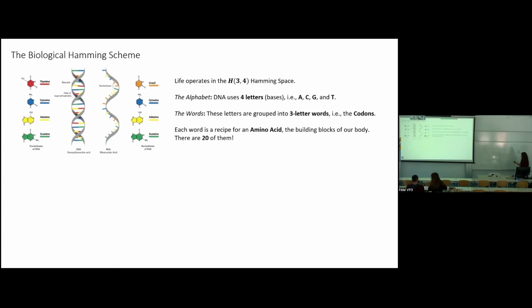What does this mean? So DNA, but actually RNA, when it duplicates or in transcription, let's say, translates information, uses an alphabet of 4 letters, the 4 bases. Everybody maybe knows about this from chemistry class.